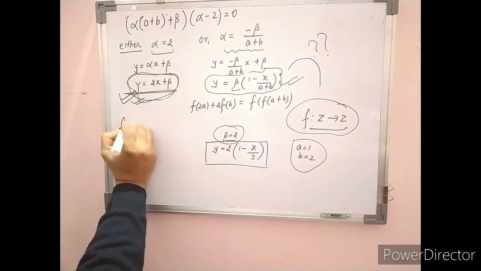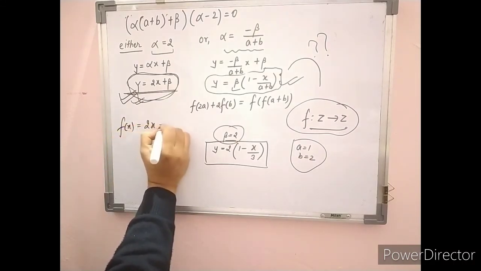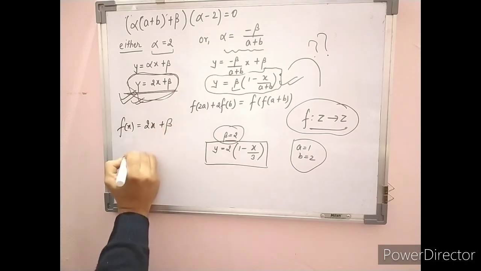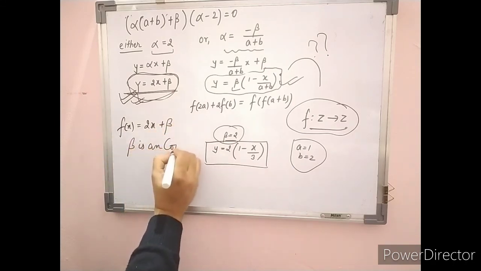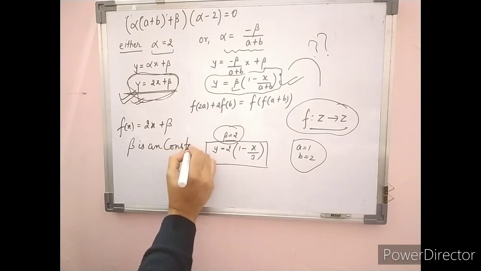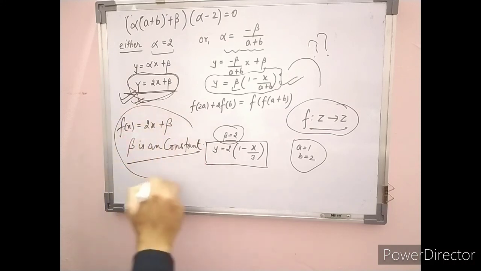Hence the function f(x) is of the form twice of x plus beta, where beta is a constant. So this was the solution of IMO problem 2019, question number 1.